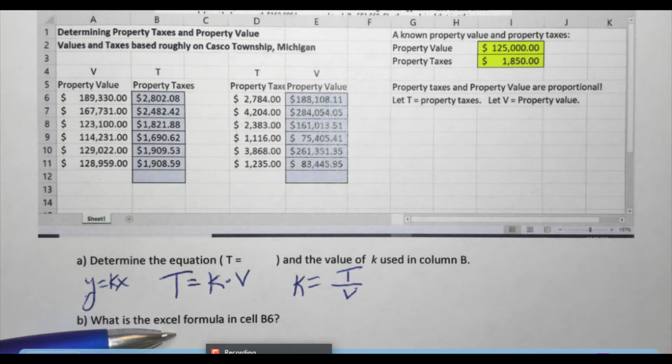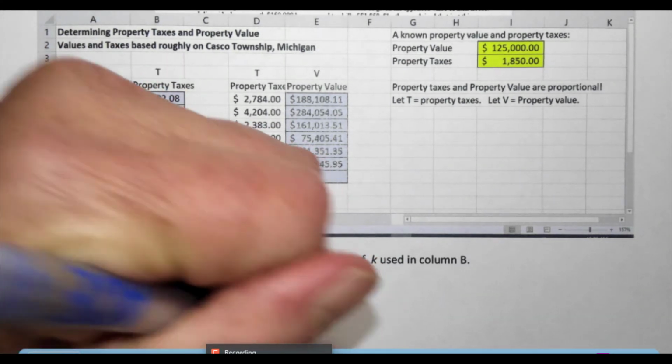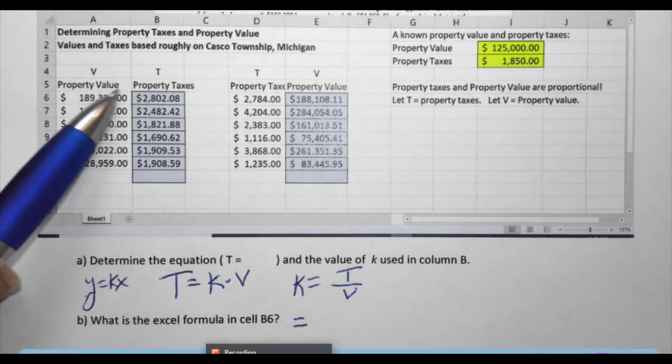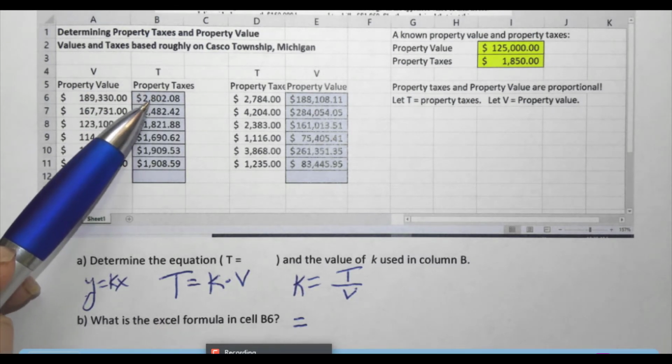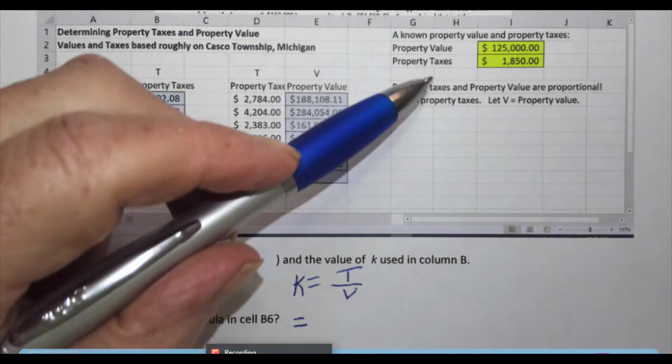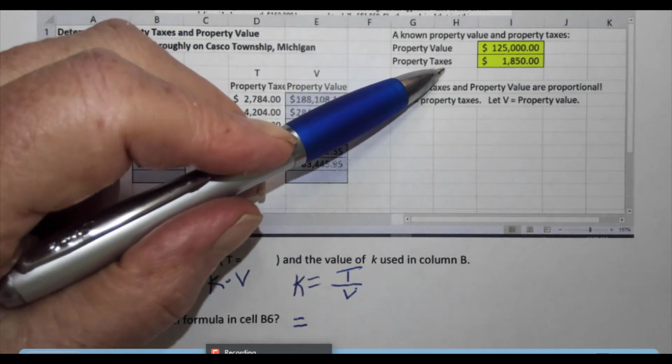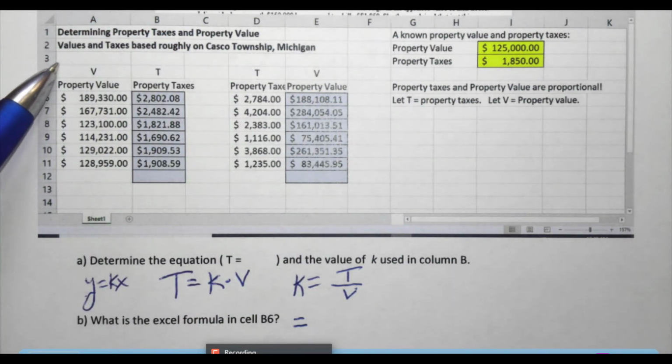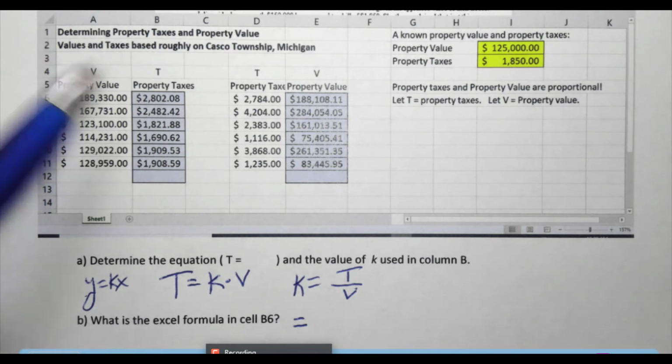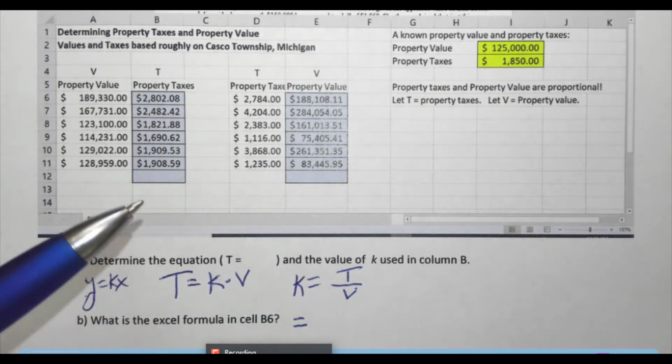So the formula is going to simply be equals, which means taxes equal, it's going to be I3 divided by I2, taxes divided by value.